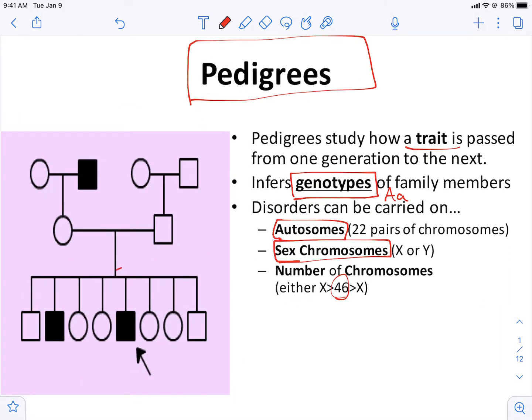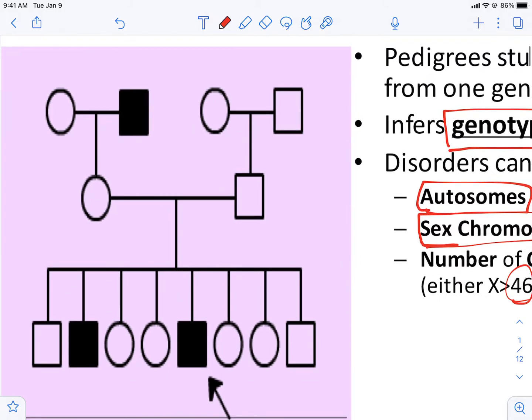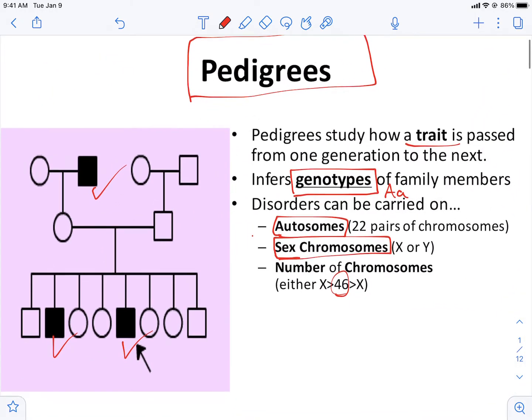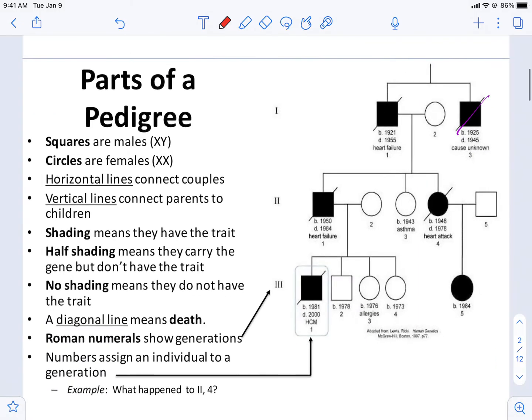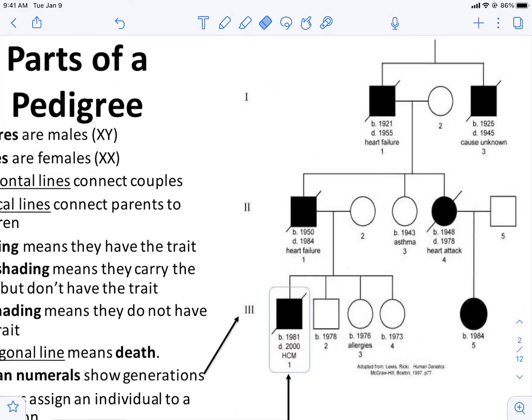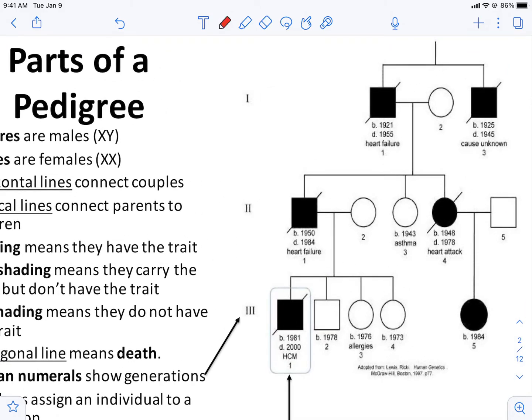So first things first, you'll see that in this example we have 3 squares and they're colored in. If they're colored in, that means they have the trait. If they're not colored in, they don't. So we go down here and we get a little bit more in depth about some things. First of all, you notice that in a pedigree, you have 2 shapes, a square and a circle.